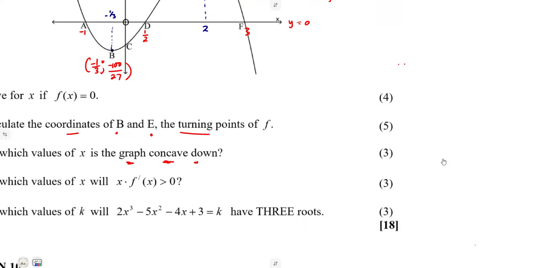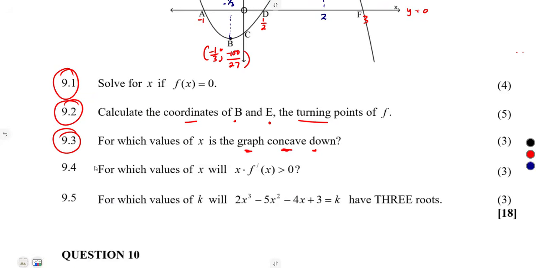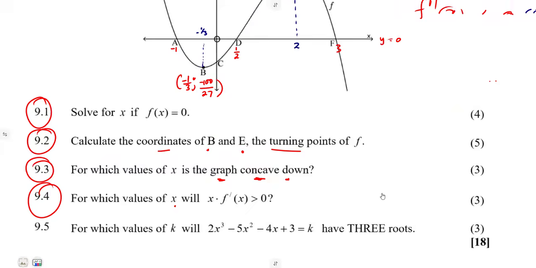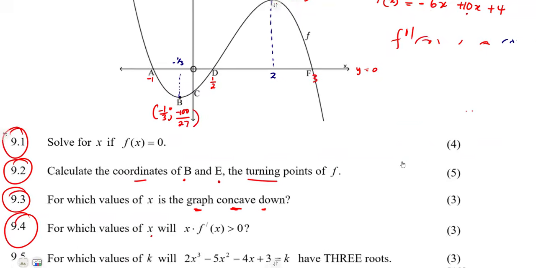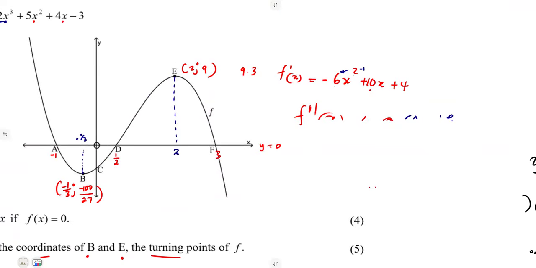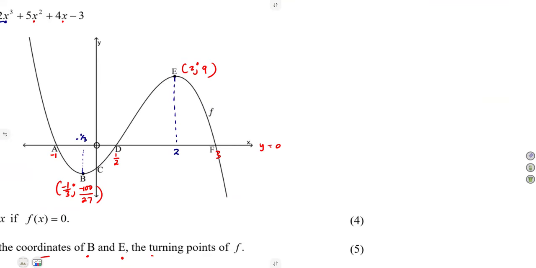Please do revise. And considering this one, for which values of x will x times the first derivative of x be greater than 0? All right, this one we're just going to need our graph. We need the graph here. That's 9.4. Remember, I talked about this again, like I was saying before, you just need to know the effects that will happen in each of those calculations.